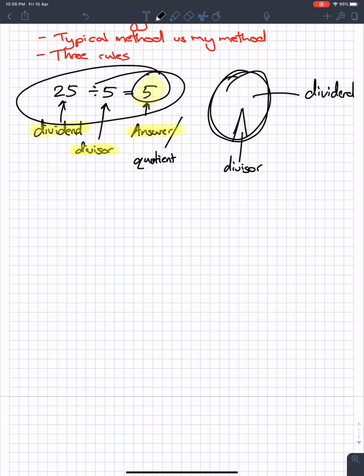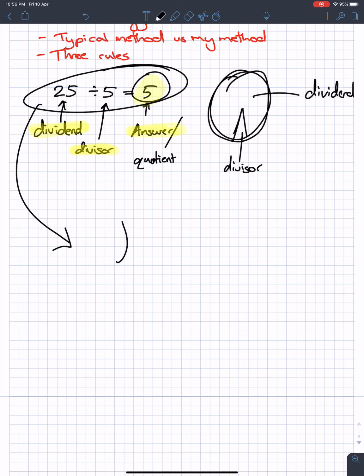This same method can also be written like so. You've got the dividend here, you've got the divisor here, and you write the answer here. We'll color code this, so the answer goes here, and you've got the dividend and the divisor here.